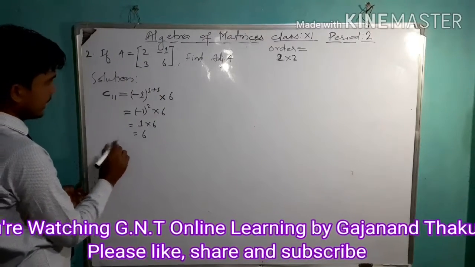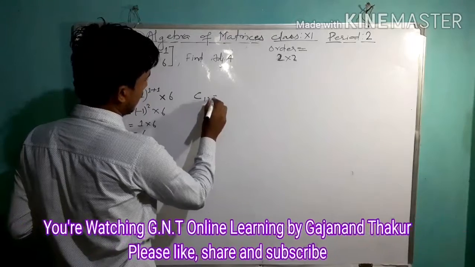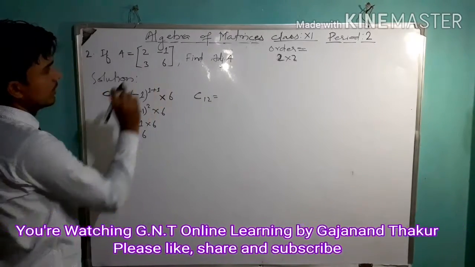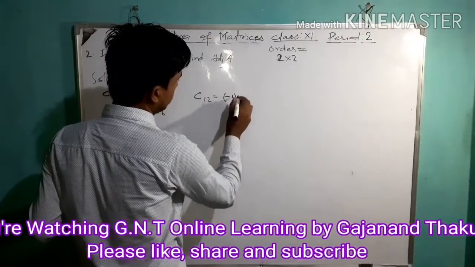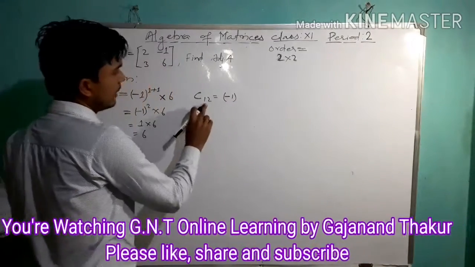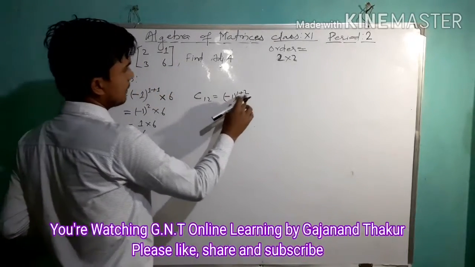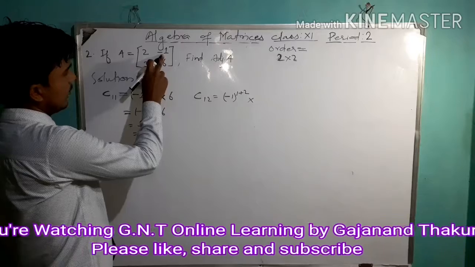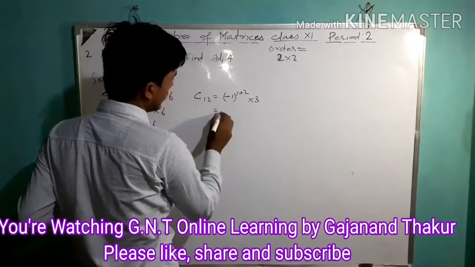Then we do the cofactor of the 12th element. This is 11, this is 12, this is 21, this is 22. The formula is minus 1 to the power 1 plus 2, into, opposite to the 12th element we have 3, so we write 3 here.